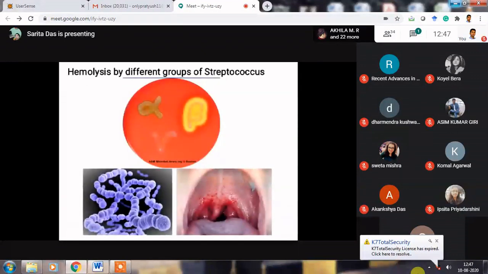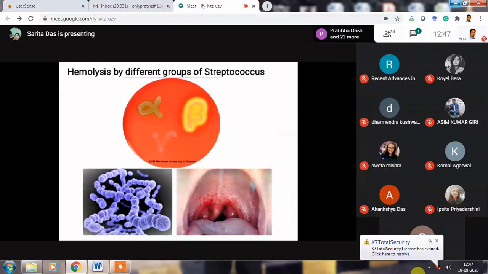This figure shows the different patterns of hemolysis by different groups of streptococcus. This plate is actually a sheep blood agar plate, so RBCs are present. The bacteria which are capable of completely degrading the RBC and the hemoglobin clear the red color around them, and they are called beta hemolytic.